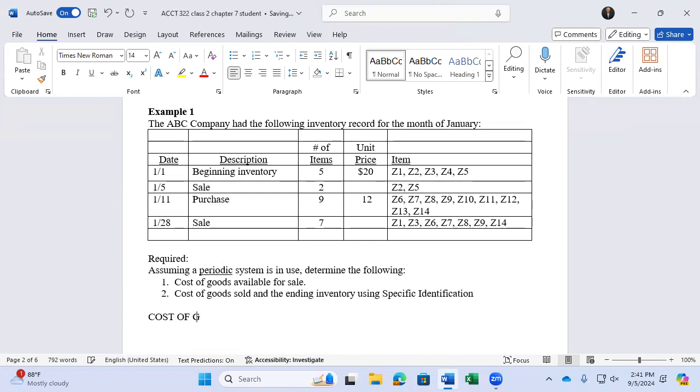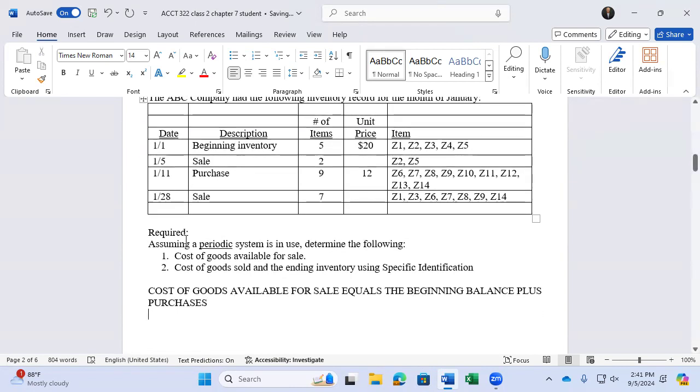Cost of goods available for sale equals beginning balance plus purchases. So here we have beginning balance inventory, and that's going to be 5 items times $20, which equals 100.